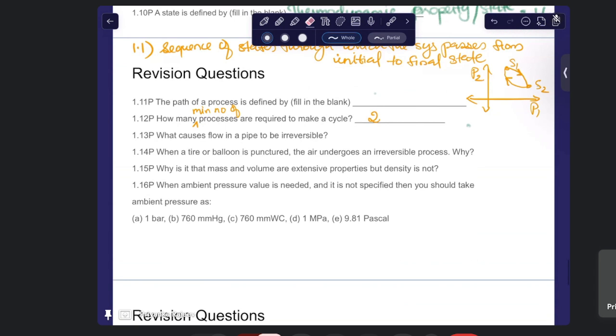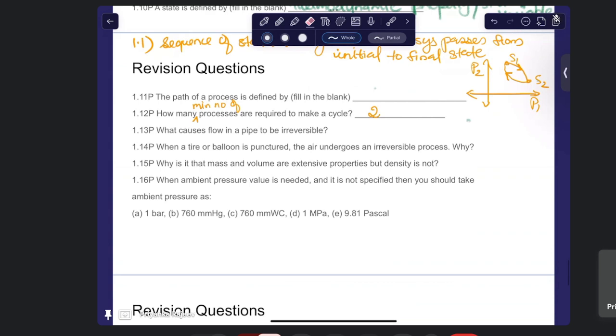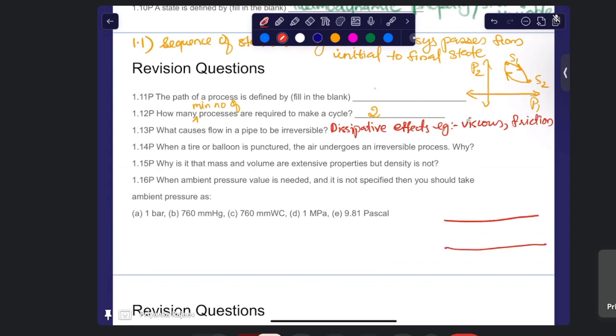What causes flow in a pipe to be irreversible? Because there are a lot of dissipative effects, for example viscous effects or friction, etc. When a flow is going in a pipe, due to wall friction the velocity will be less.